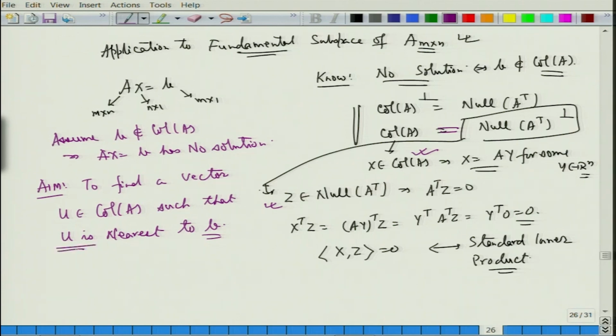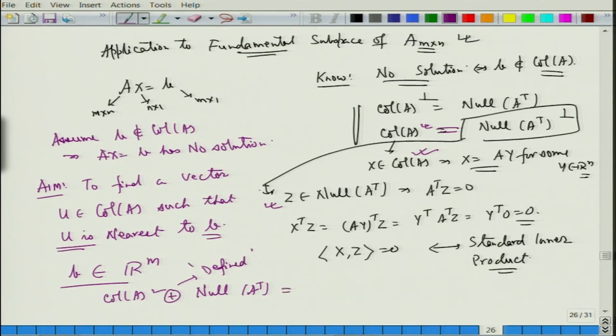All right. So what we do, we write B as, so we know that B belongs to Rm. We also know that the column space of A is perpendicular to the null space of A transpose, so I can use the column space of A and the null space of A transpose to get the whole of Rm.